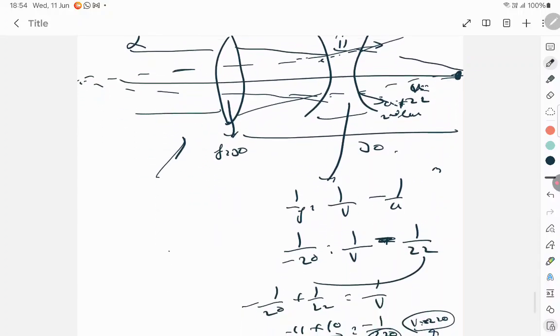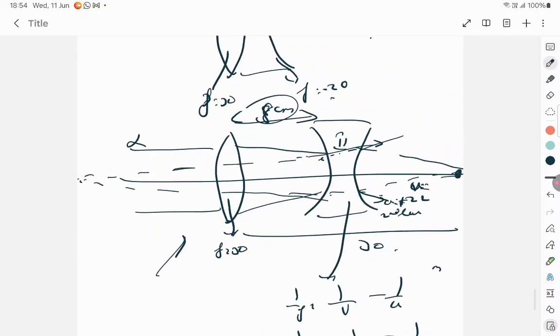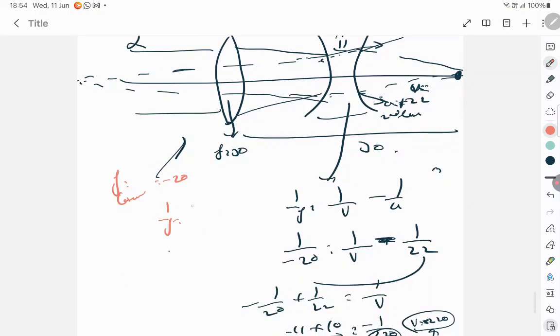Does it make a difference if the light ray comes from the other side? The object is at infinity. The focal length of the second lens, that's the concave lens, is minus 20. So your image will get focused at minus 20, because 1 by f is equal to 1 by v minus 1 by u, where the object is at infinity.